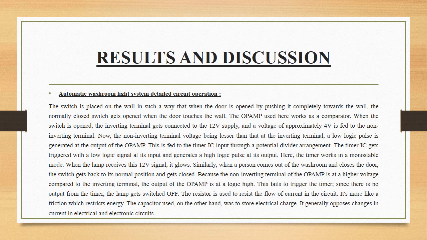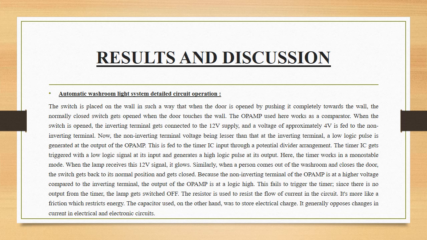The op-amp used here works as a comparator. When the switch is open, the inverting terminal gets connected to the 12 volt supply, and a voltage of approximately 4 volts is fed to the non-inverting terminal. Now the non-inverting terminal voltage being lesser than that at the inverting terminal, a logic pulse is generated at the output of the op-amp.